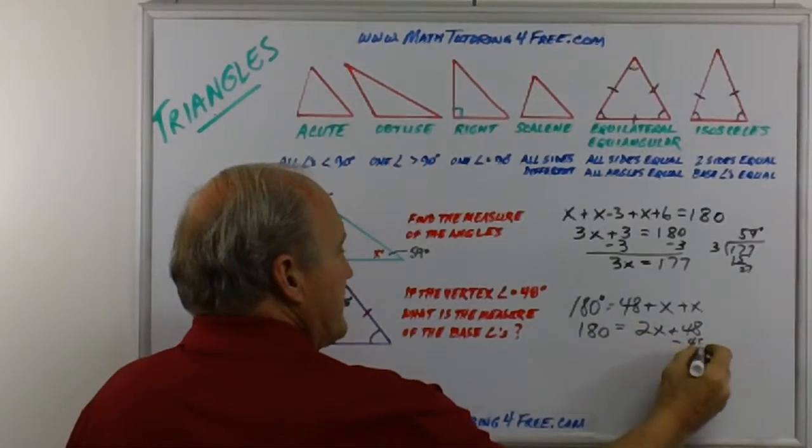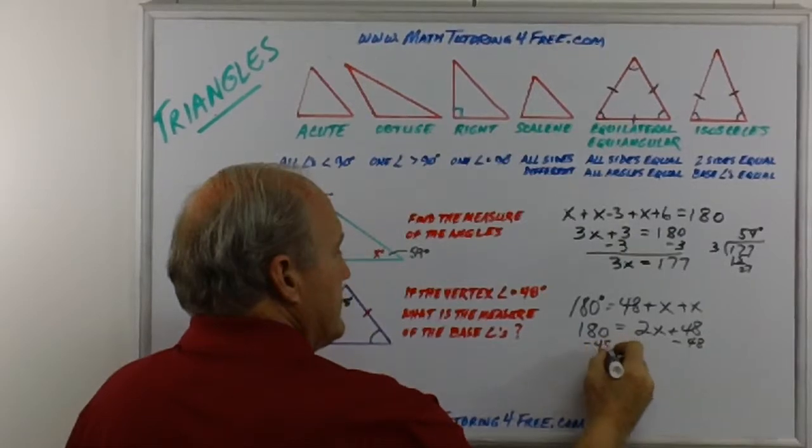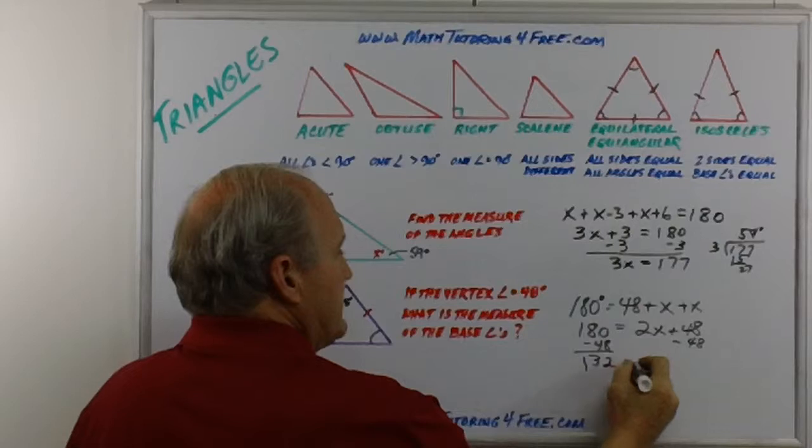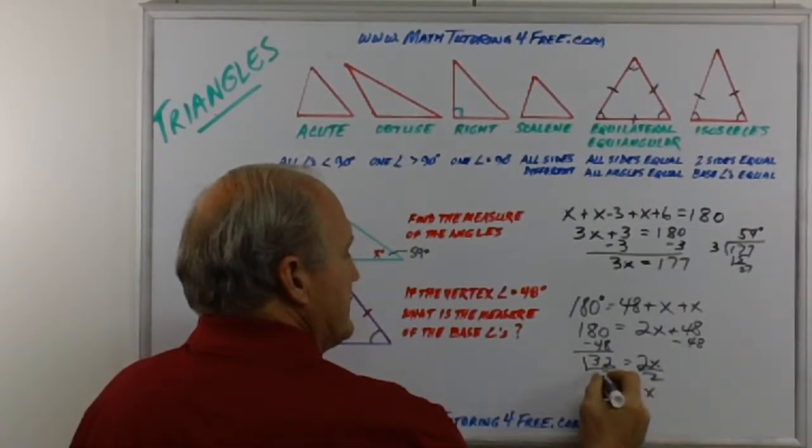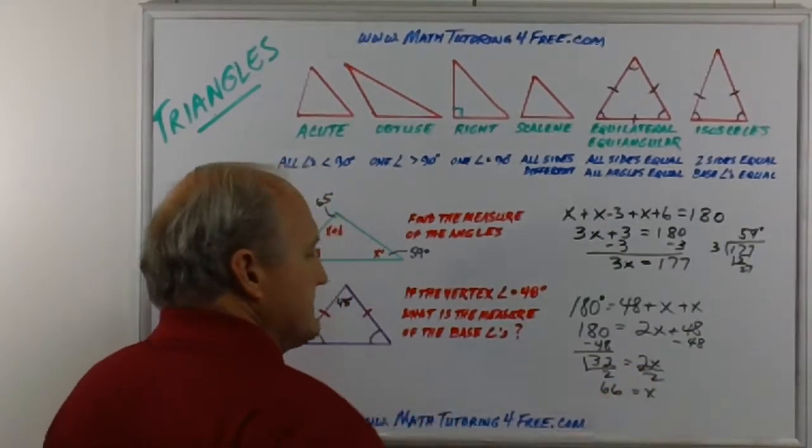Subtract 48 from both sides, and this becomes 132 is equal to 2x. Dividing both sides by 2, we get x is equal to 66.